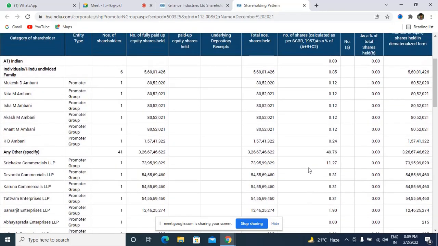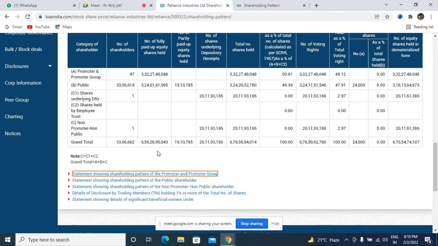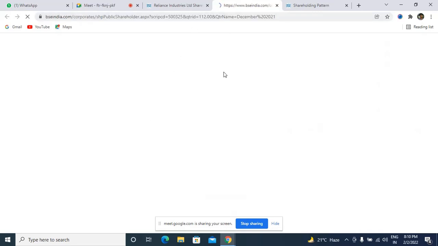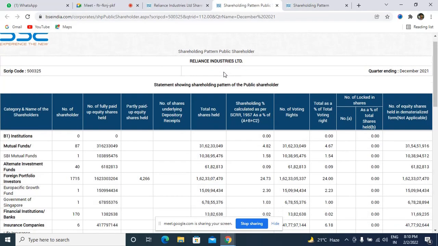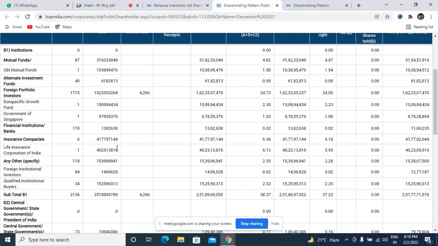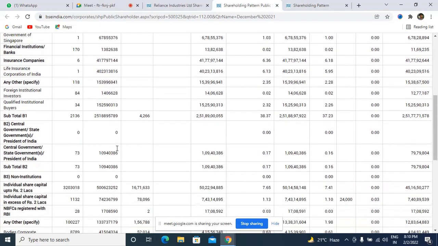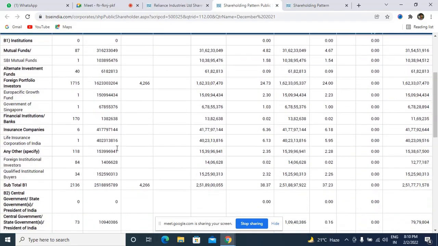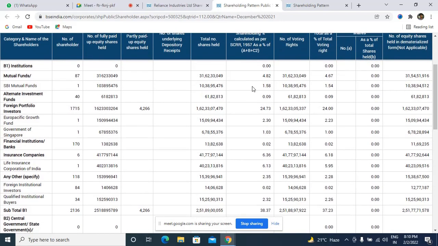Okay, this is the part of promoter shareholding. Now let us get into this one. SBI, follow this column.